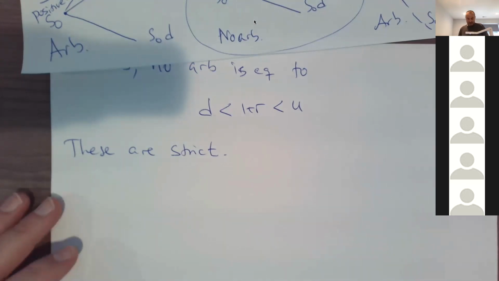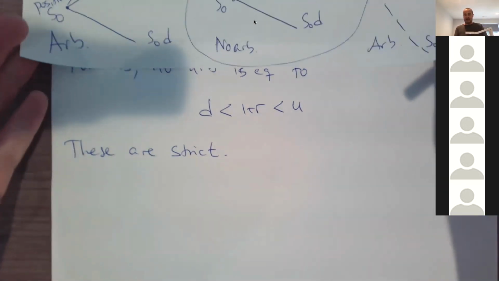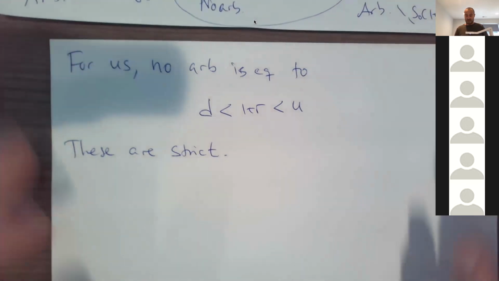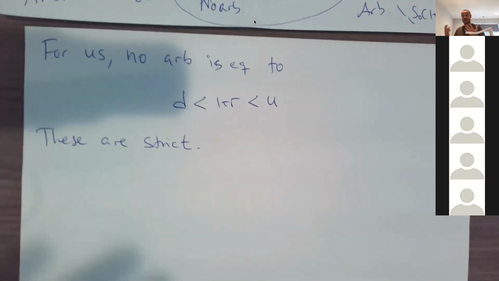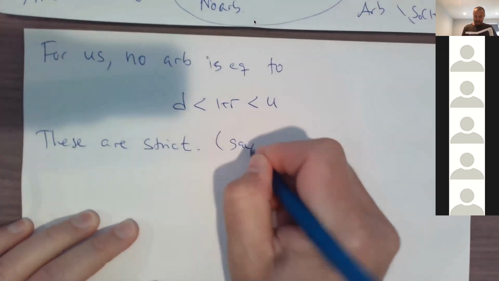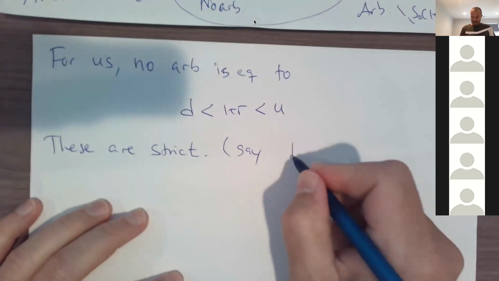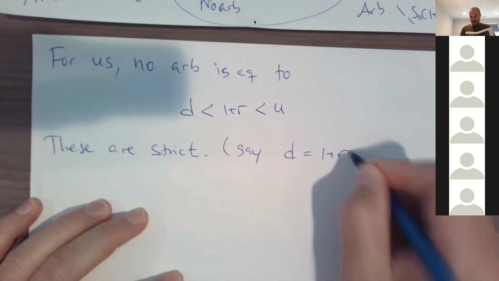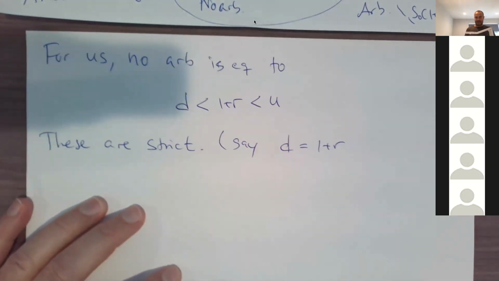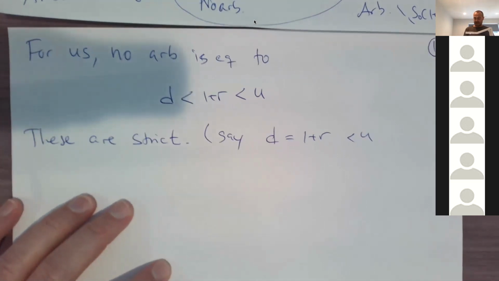Well, again, the typical line of argument for a mathematician would be to say, well, what happens if it's not? What happens if it's equal? So say one of them is equal. Say that D is exactly 1 plus R. Then how does it look?